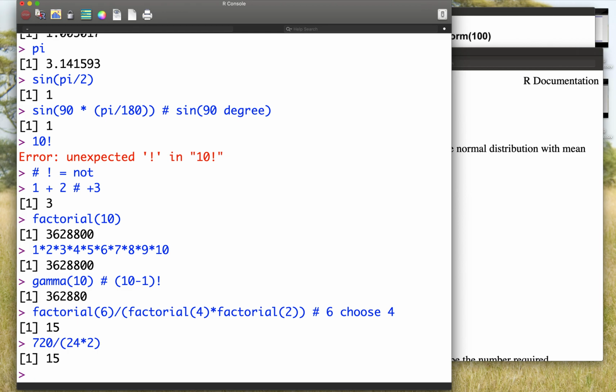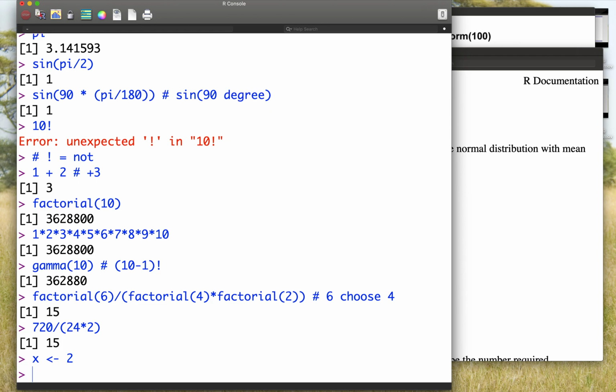And finally, assignments. You can assign a letter or a sequence of letters to a specific number. For example, if you want to define x equal to 2, then you can type x, the left arrow, the less than sign and hyphen, then 2. Then x is defined as 2.